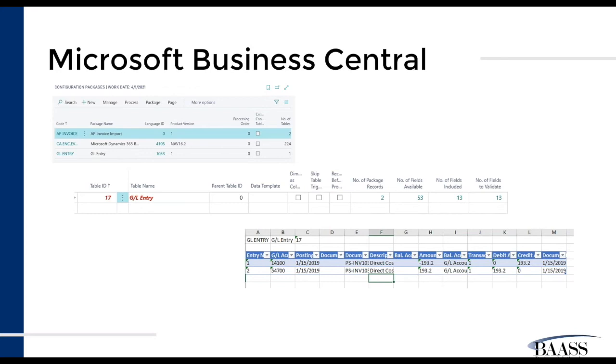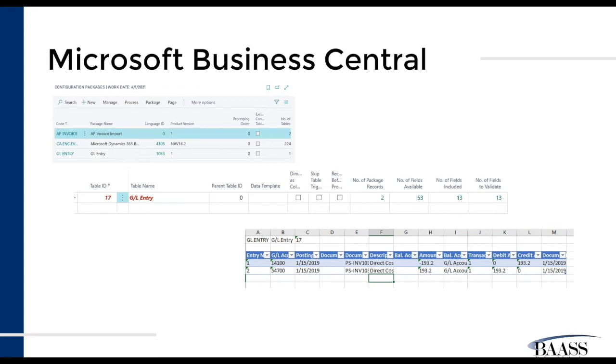Again, with security, you would limit only those who can import to see the screen, and maybe even trim it back even further to only their files they can import. The code or the package name, we would want to be specific. If you are doing, let's say, AP invoices and you have 2 different vendors that they're coming from and the templates are slightly different based on information we get from them, you would have 2 different package names.